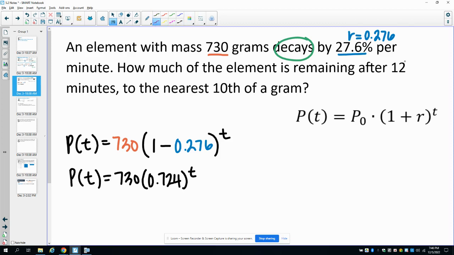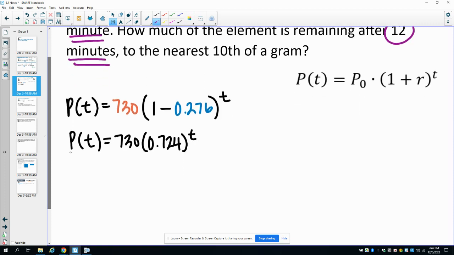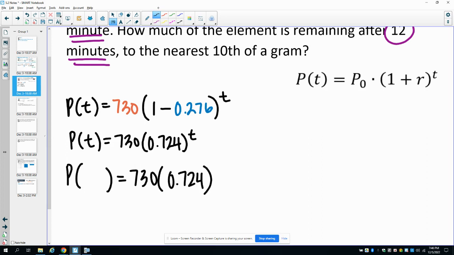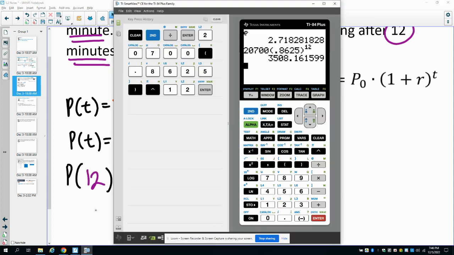Now this one wants us to figure out after 12 minutes, which is what they gave us. They gave us the decay rate per minute. So we're going to take this function and plug in 12 wherever we see t. That's going to go up here as the exponent, and then you'll just type that into your calculator.